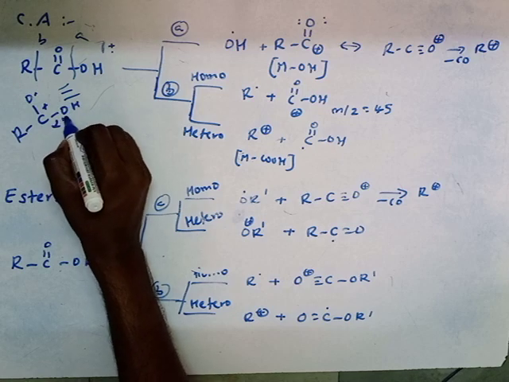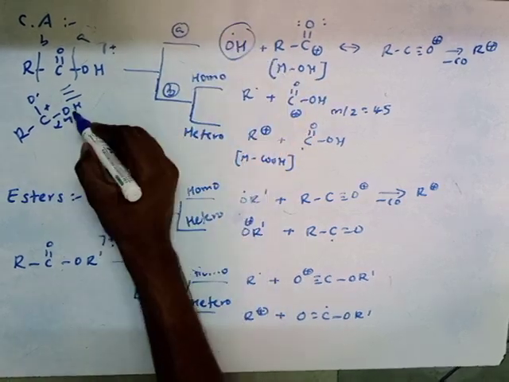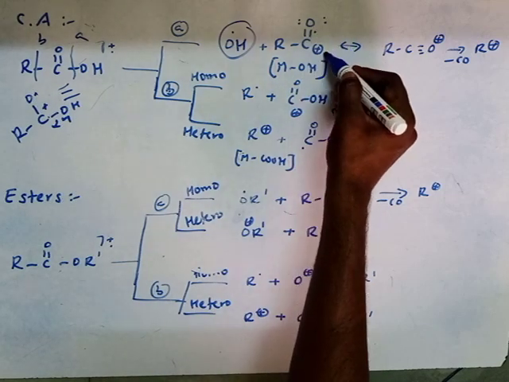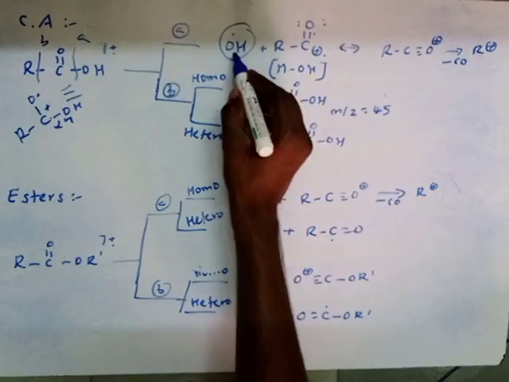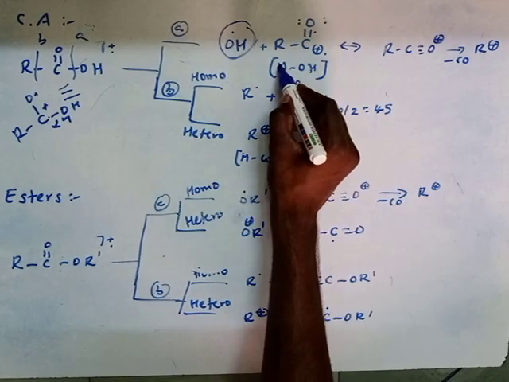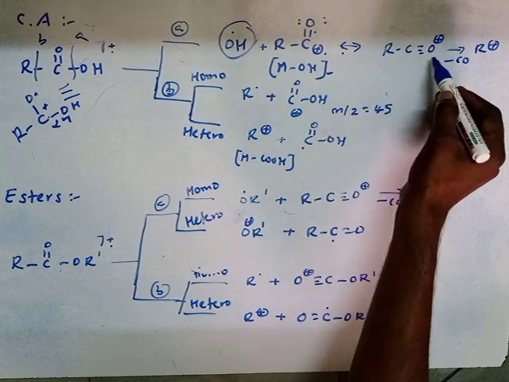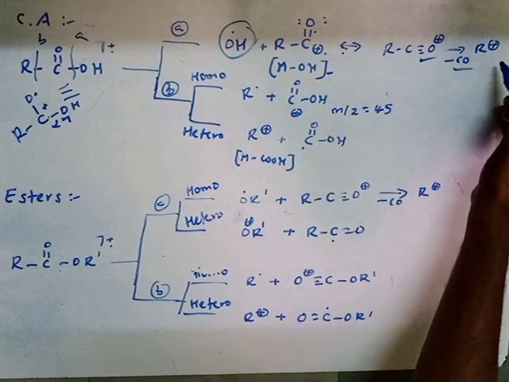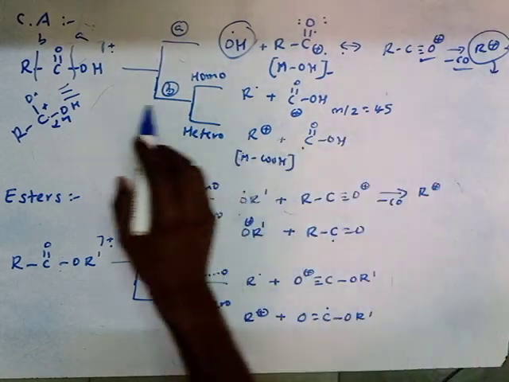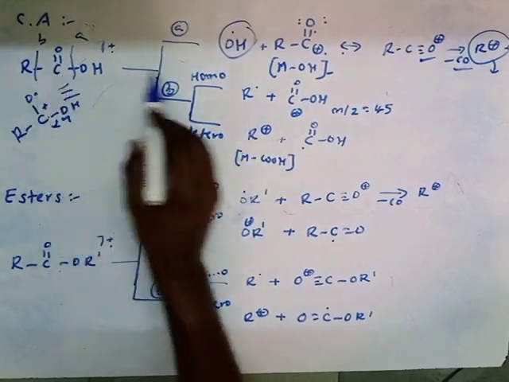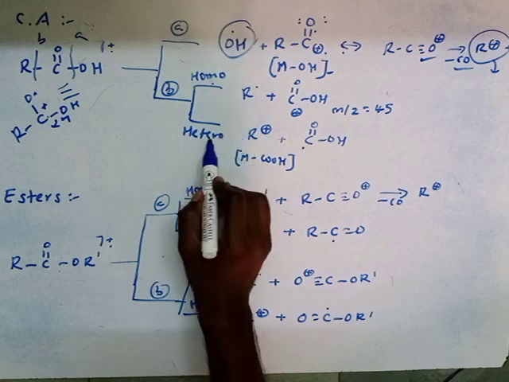If we undergo homolytic cleavage, this radical will be removed, and this one electron combines to form a double bond. Here is a positive charge, M minus OH, meaning loss of OH takes place. That's why we have M minus OH, and it will undergo resonance structures. It will be formed like this, and with removal of CO, it forms a cation. Similarly, the B-type cleavage will undergo homolytic and heterolytic cleavage.